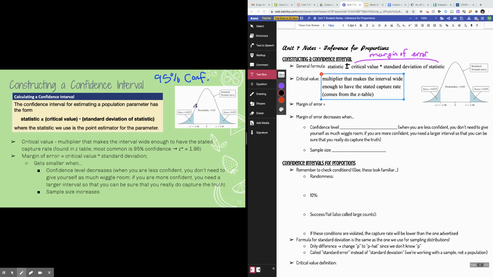The way that statisticians have determined that is we look at the standard normal curve and ask, what's the z value that's associated with the middle 95% of the data?